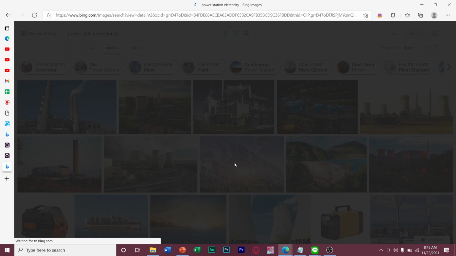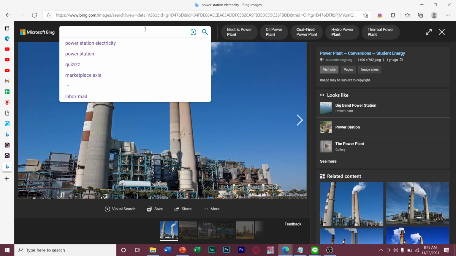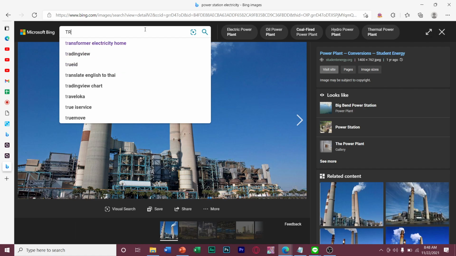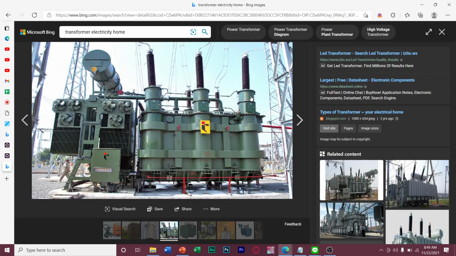Okay. So this one's what they call the power station, where we can get the electricity. After this, the power station will supply the transformer. And this one is what we call the transformer.